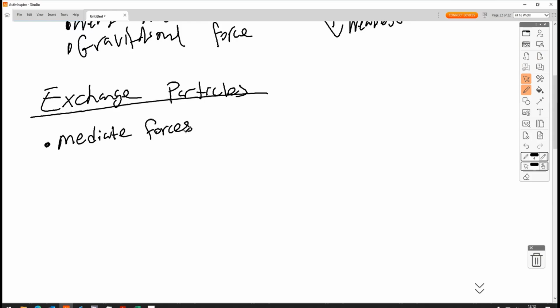and we'll be using them for electromagnetic attraction and repulsion, and we'll also be using them for beta plus and beta minus decay. And we'll also be using it for a process called electron capture. So they mediate forces between particles.